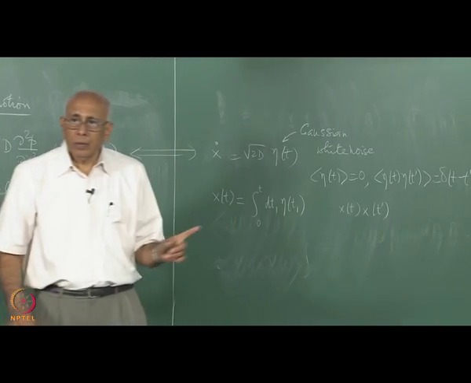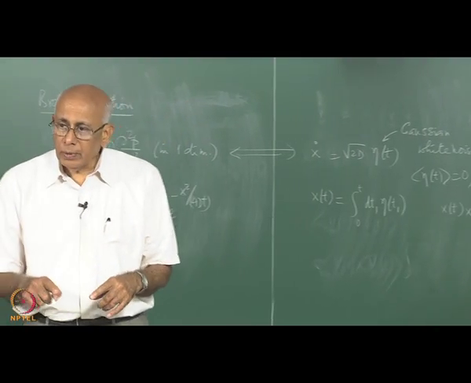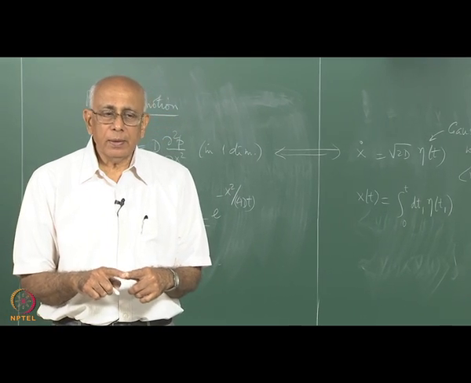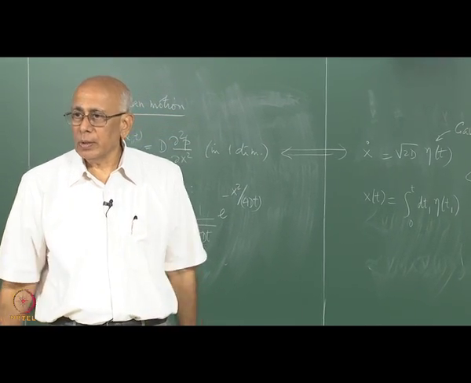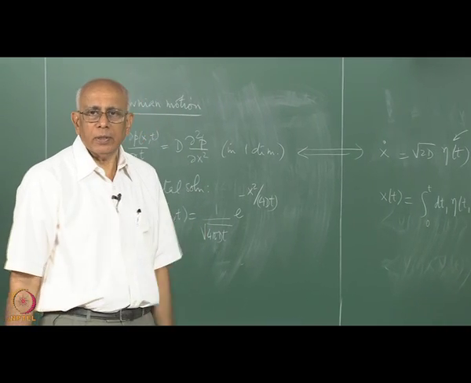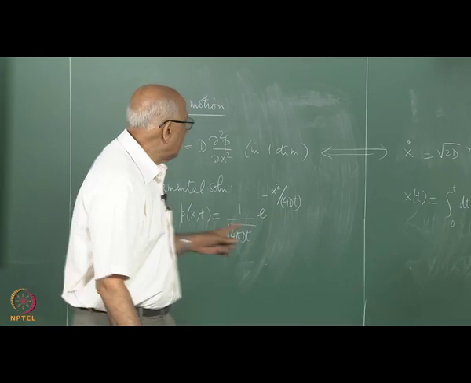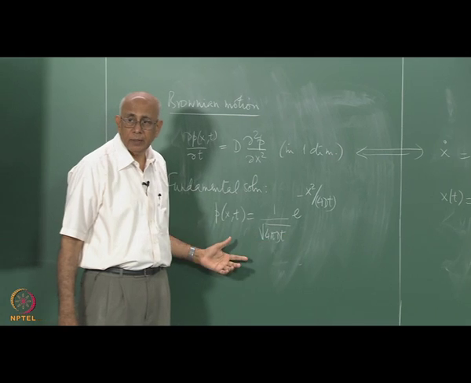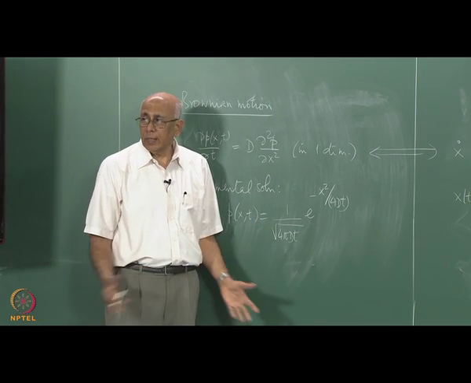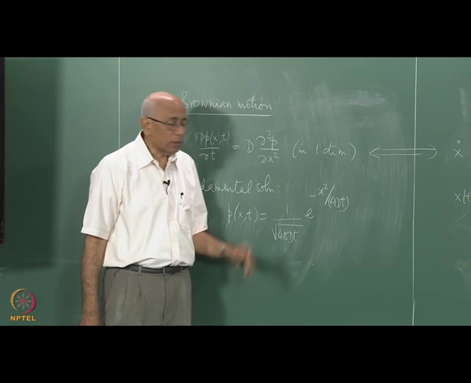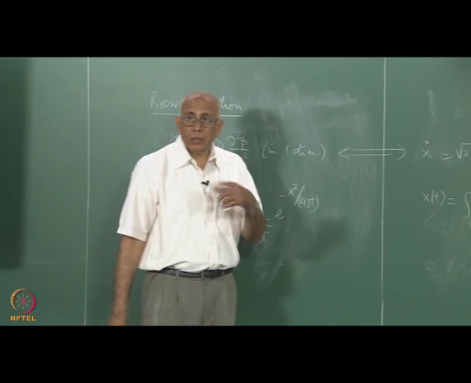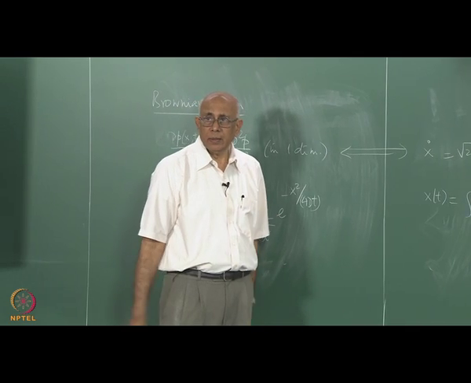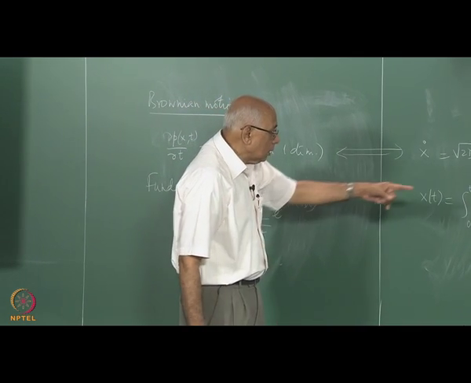Now, this average we are taking for all those particles which start at the origin at t equal to 0, so it is a conditional average. There is no equilibrium distribution corresponding to this because the distribution spreads out as t tends to infinity. There is no stationary distribution at all for this process, unlike the velocity process where you got the Maxwellian as the stationary distribution.